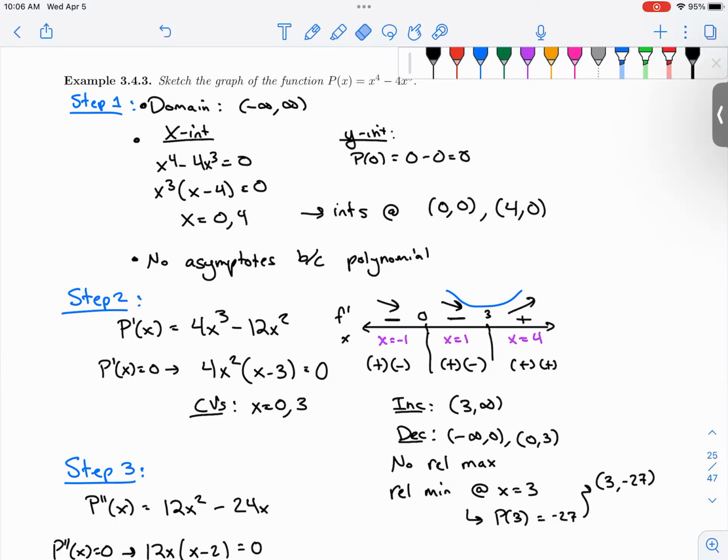But we weren't computing P of 0 to find the x-intercept. We were using it to find the y-intercept. Does that make sense? Yeah, that's what I'm saying. If you use the x-intercept in the original equation, it should give you 0, because by definition the x-intercept will have a y value of 0. It's important.